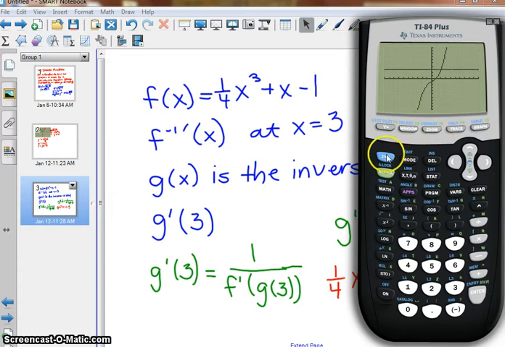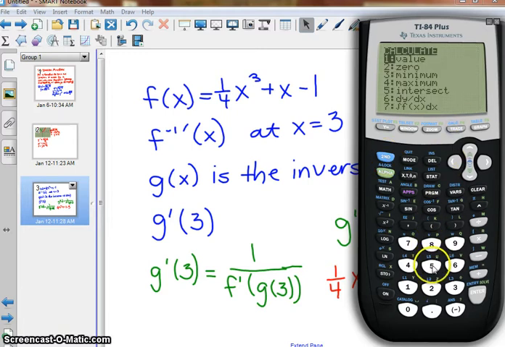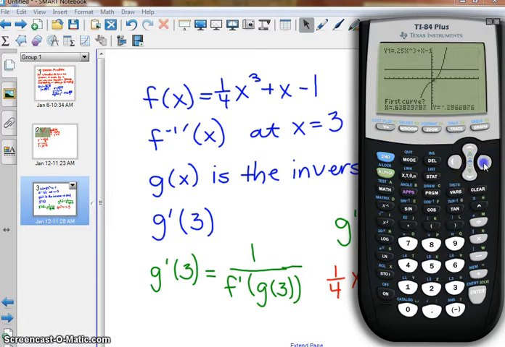And find where they intersect. Second, calculate, choice number 5. Enter, enter, enter, and I get the coordinate point 2, 3.